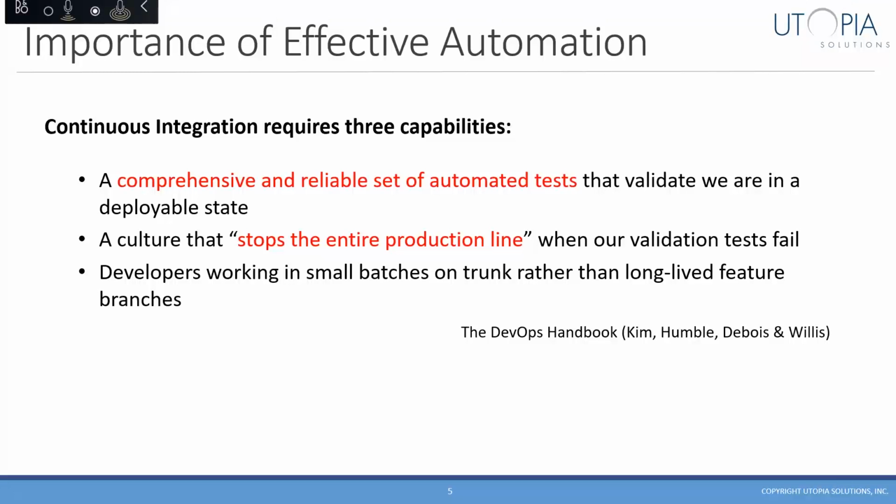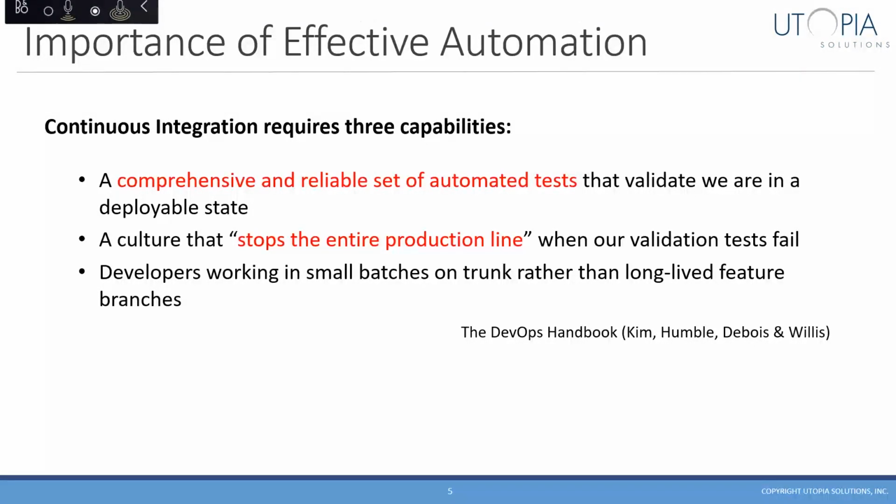Okay, so let's spend a little time talking about the importance of test automation in DevOps. I think in the past, organizations have looked at automation sometimes as a nice to have or a Band-Aid to address some problems that they might have. But what you'll find as you learn more about DevOps is that it's absolutely necessary. And I think a good way to understand that is to look at this description of required continuous integration capabilities from the DevOps handbook. And I've highlighted the important parts with respect to automation.